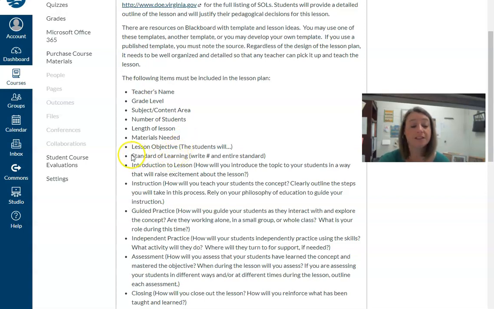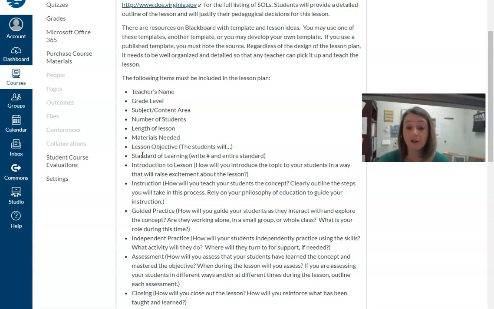What is your standard of learning? And so this is where you're going to need to go to the SOLs, look in the grade, look in the subject area that you're designing for, and there should only be one. I know that when you look at the SOLs, it will have lots of letters. I only want one.